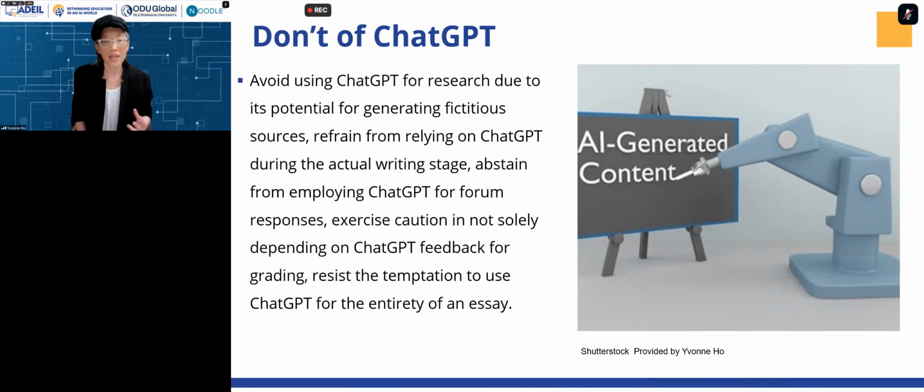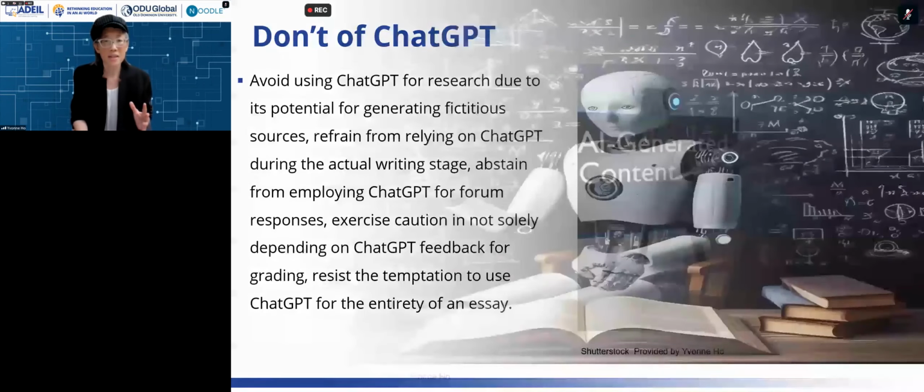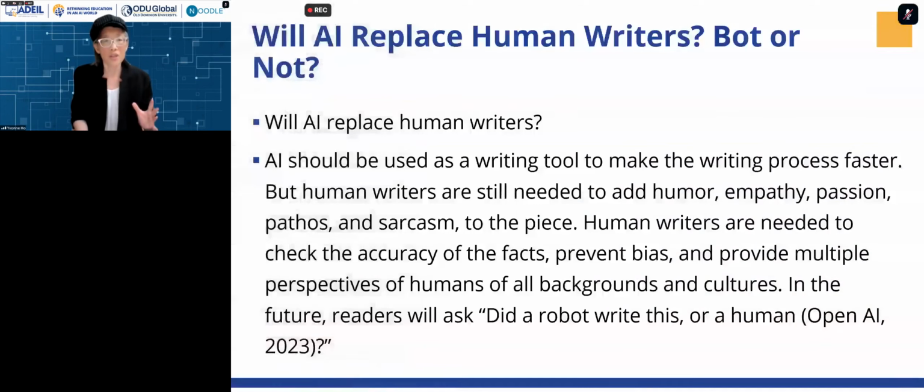Also avoid it for grading, in other words, feedback. So you should still be the one grading your own papers and not have ChatGPT grade the papers for you. But ChatGPT is a great complement or something that would help you grade papers, and it's something that would help you write papers, not something that would do it all for you.